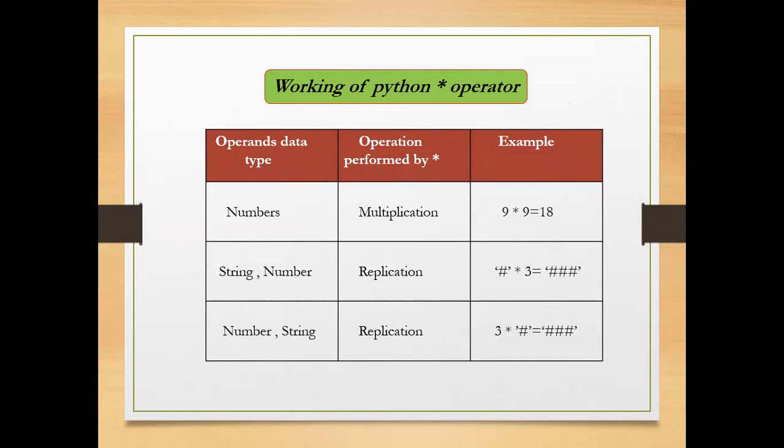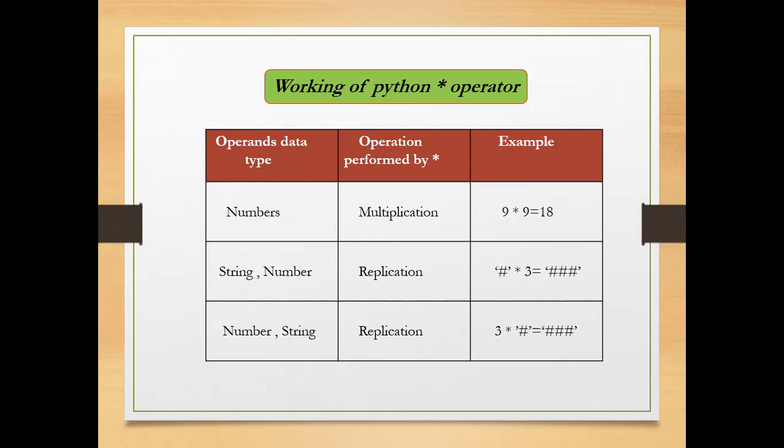So 9 into 9 will give us 81. But if one of them is string and the other one is number, then it does replication. That means it repeats it and it generates a new string. So hash into 3 gives us hash, hash, hash.